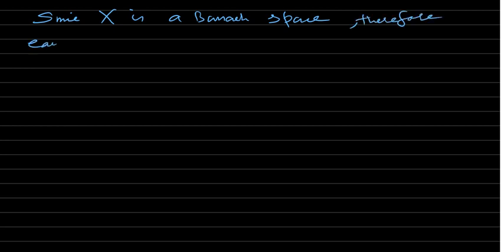Now since X is a Banach space and Yn is its subspace and is also a Banach space, therefore each Yn is closed. You have seen a result: if X is a Banach space and Y is its subspace, then Y is Banach if and only if Y is closed.